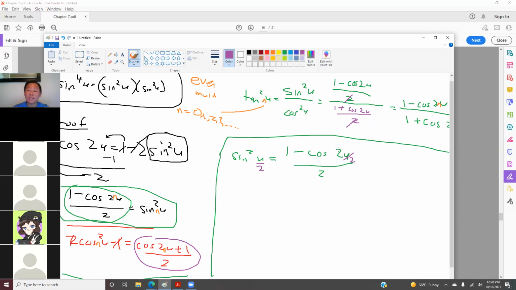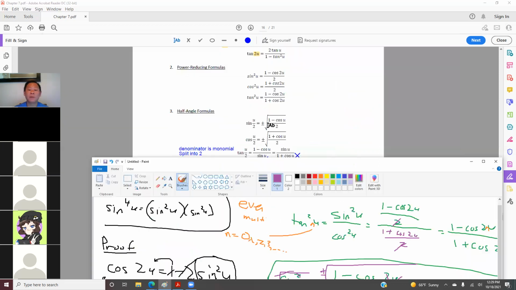So when you look at this, the 2 and 2 will cancel out, and I get 1 minus cosine u over 2. Now we need to get rid of the square, so I take the square root of both sides. And don't forget, when you take a square root, you need a plus and minus. The square and square cancel out, so what you have is sine u over 2 equals plus or minus the square root of 1 minus cosine u over 2, which is the same as what we have over here.